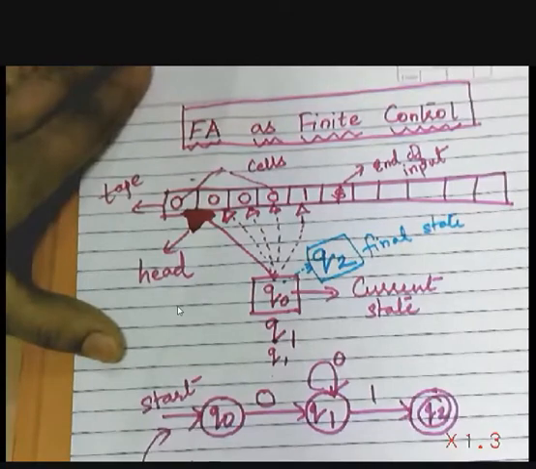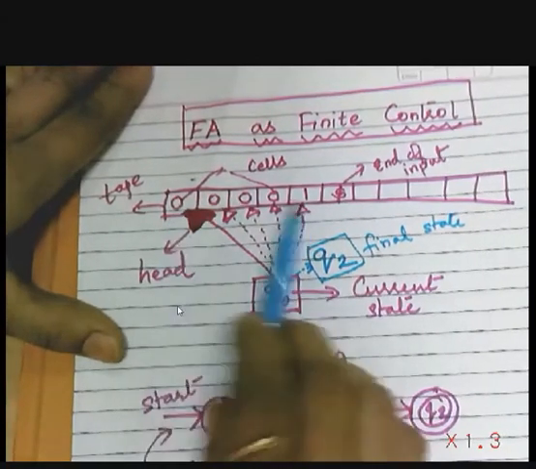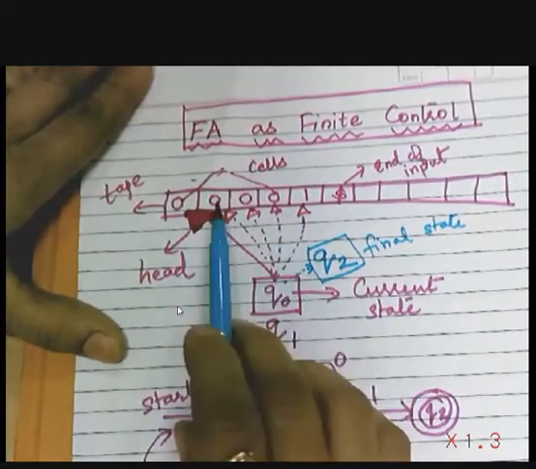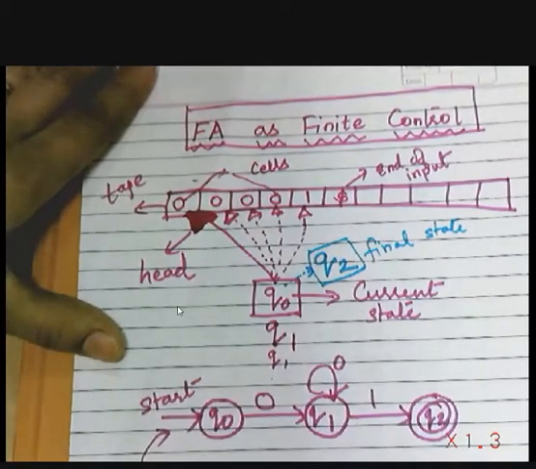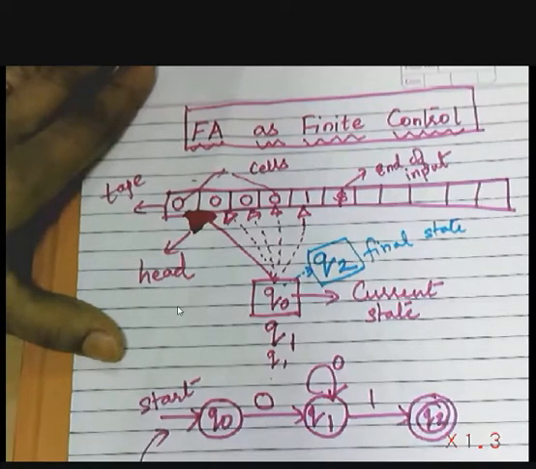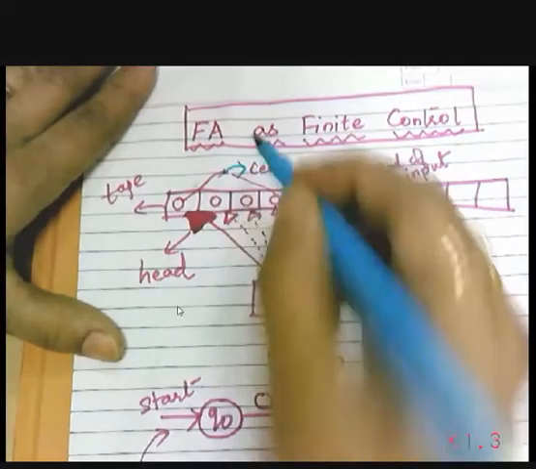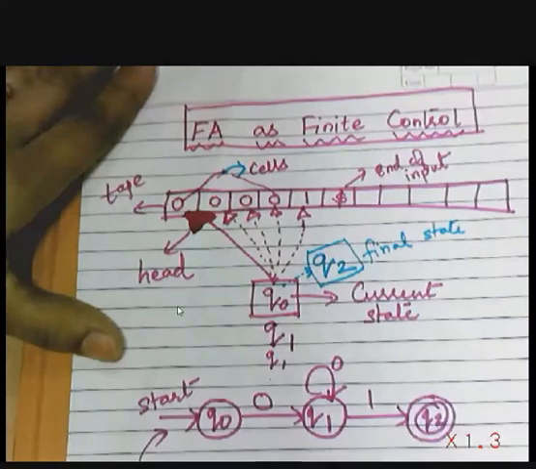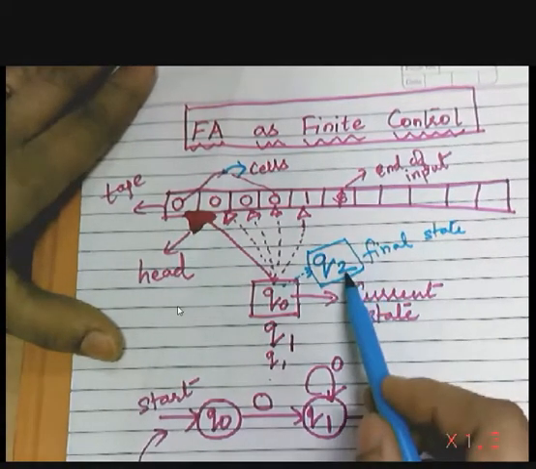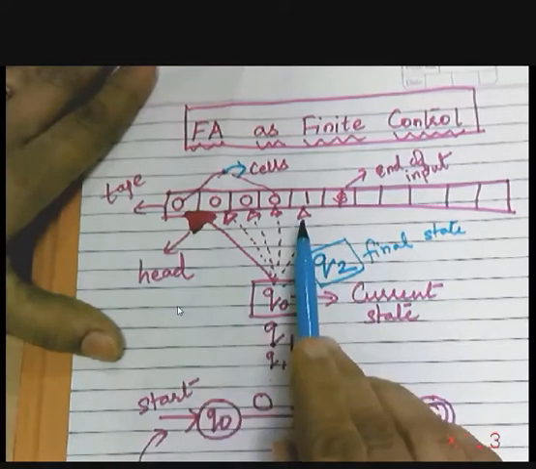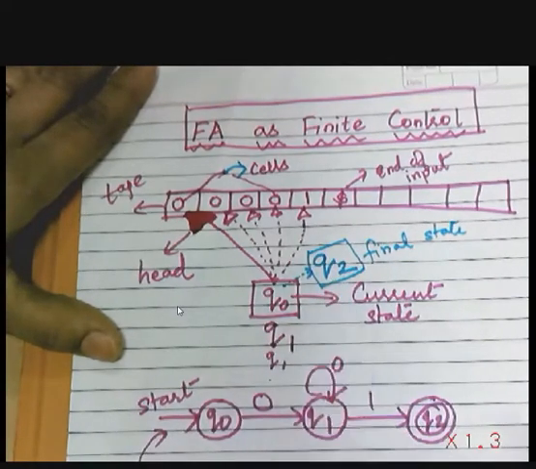Instead of this input, if I put any other input that does not satisfy the language description, that is, it does not start with 0, does not end with 1, or has some ones in the middle, then after reading the whole input it will never reach the Q2 state.